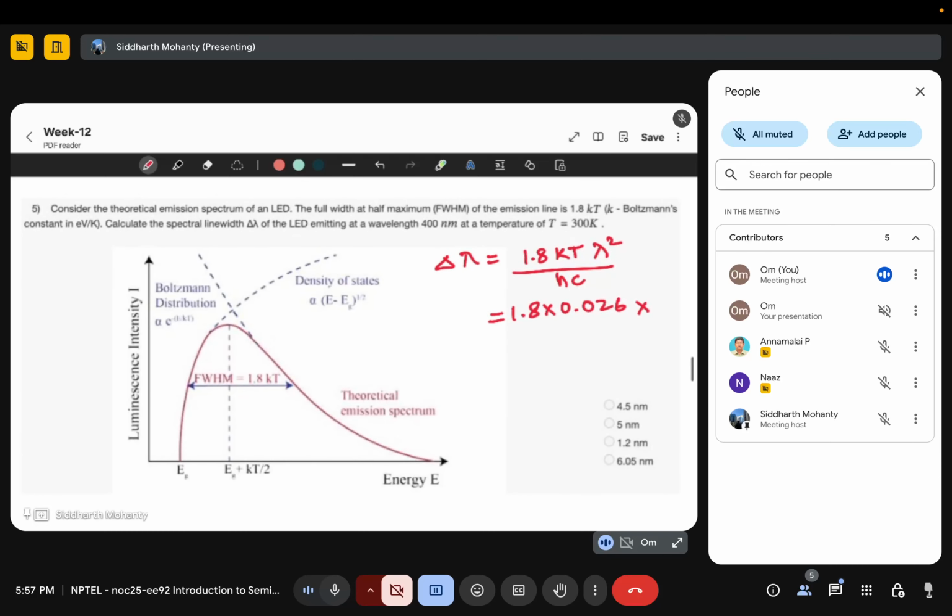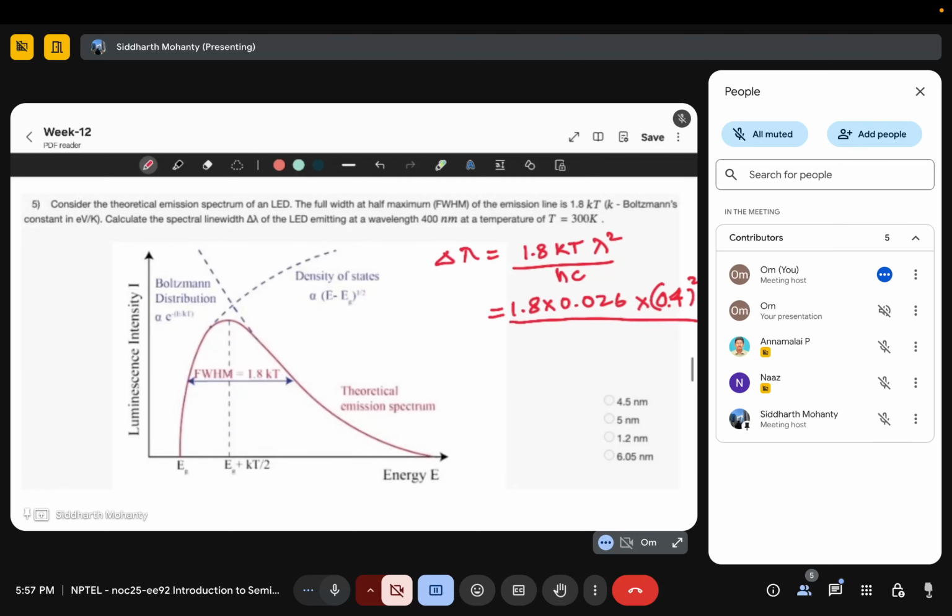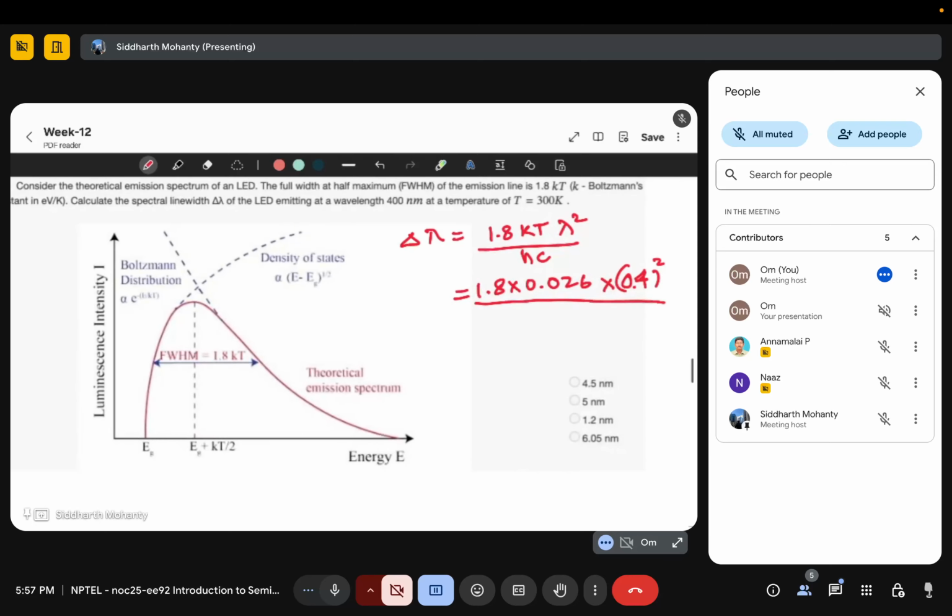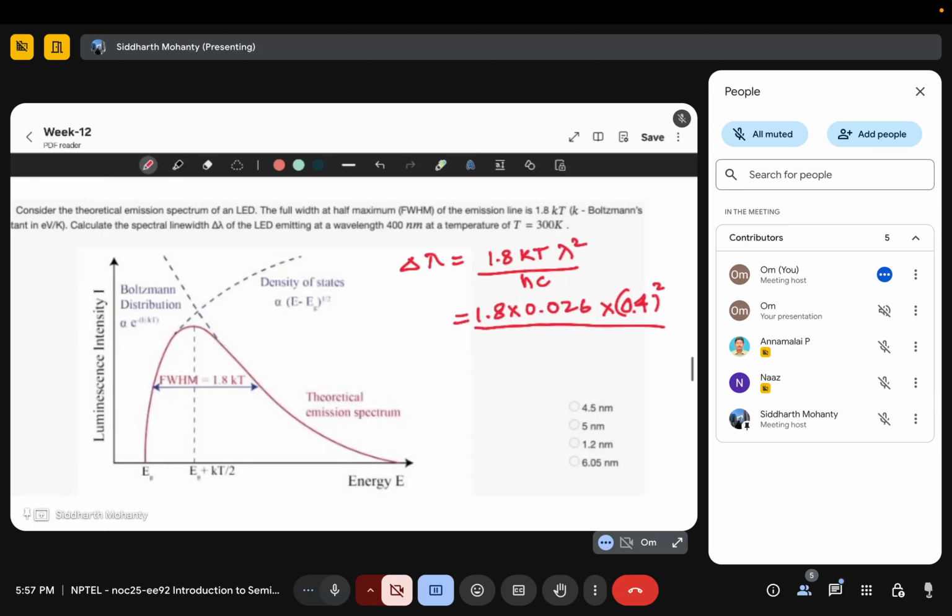Lambda is 400 nanometer, so in micrometer 0.4 square, divided by 1.24 in electron volts.